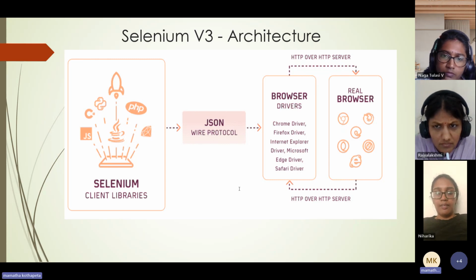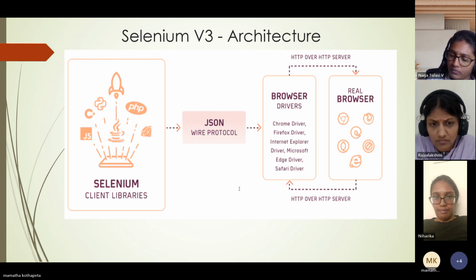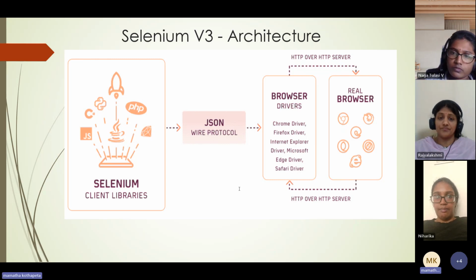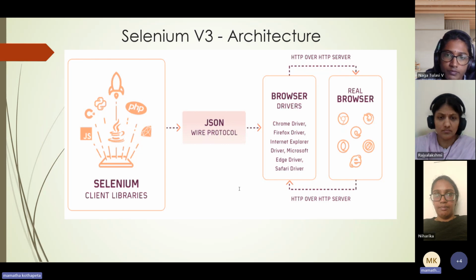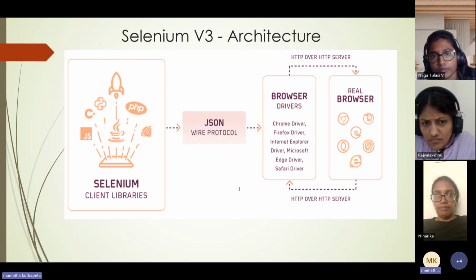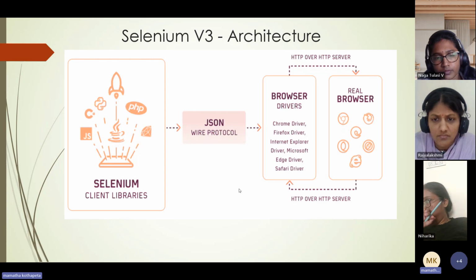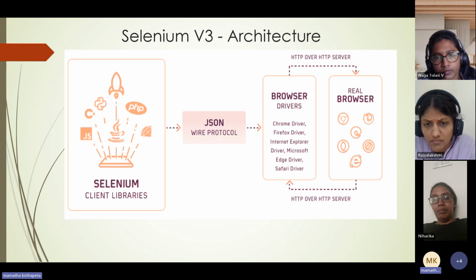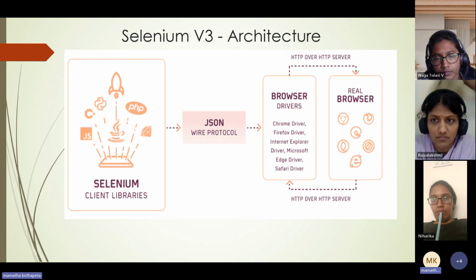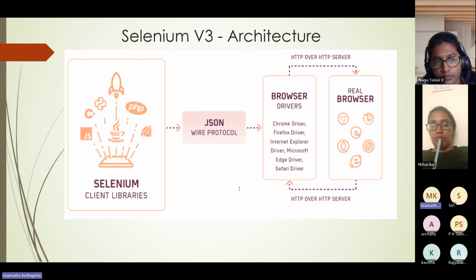In Selenium WebDriver 3, the use of JSON requires more encoding structures, like encoding and decoding. It needs to understand, then decode, and the information needs to be sent to the browser drivers. Then from the browser drivers, it will go to the real browser. So there was a lot of encoding and decoding happening.